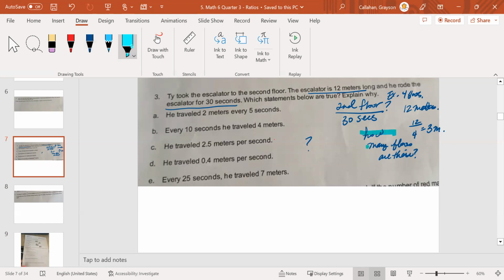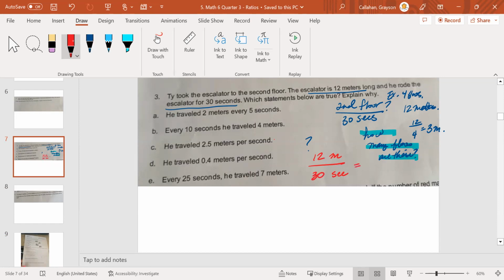Can you use 12 to 30 as a ratio? He traveled 2 meters, we could probably do that. You're right, actually. So let's do 12 meters, on the bottom we'll do seconds. So, well, no, because 30 seconds is for the second floor. Fine, let's just do that.